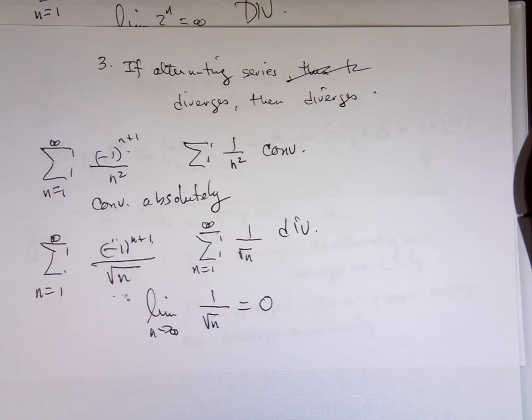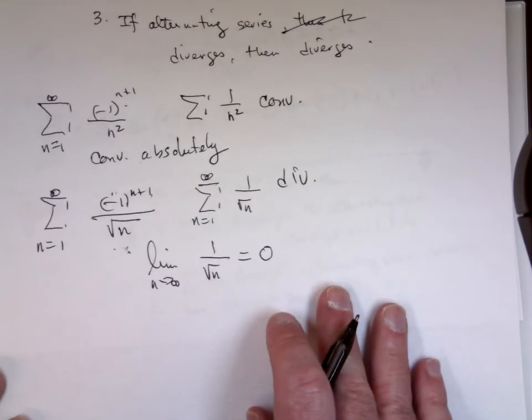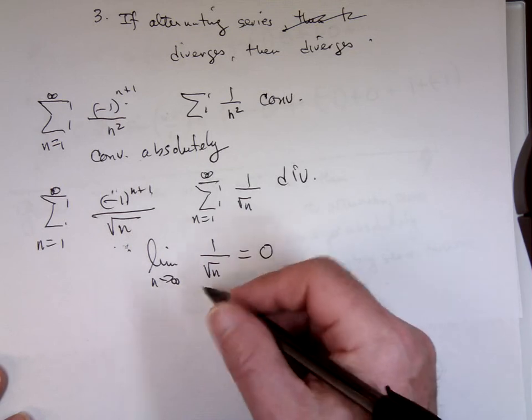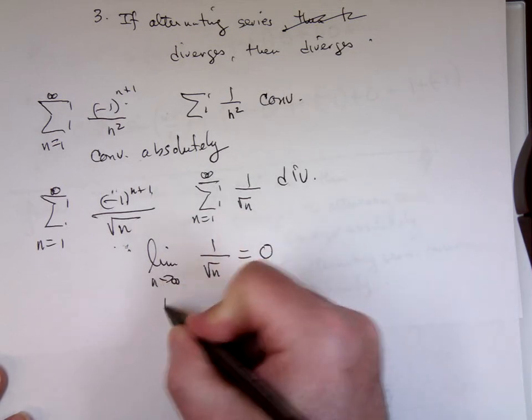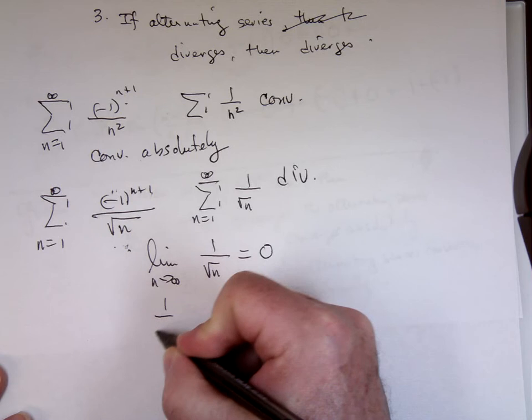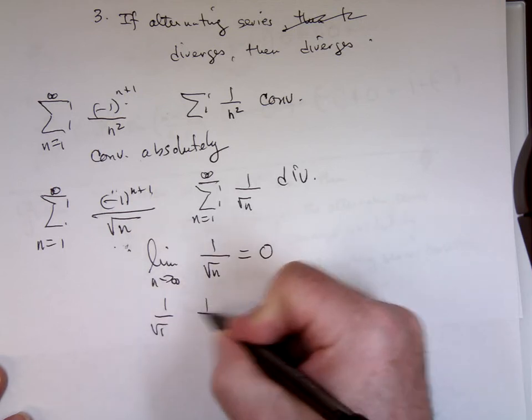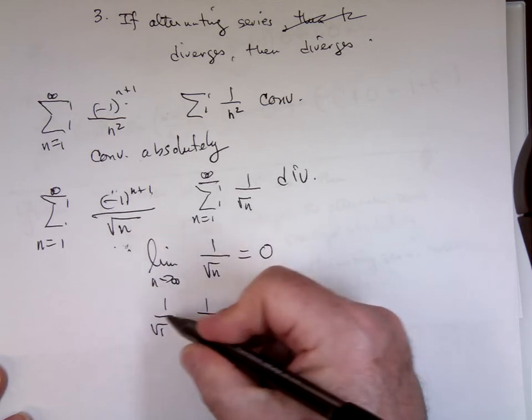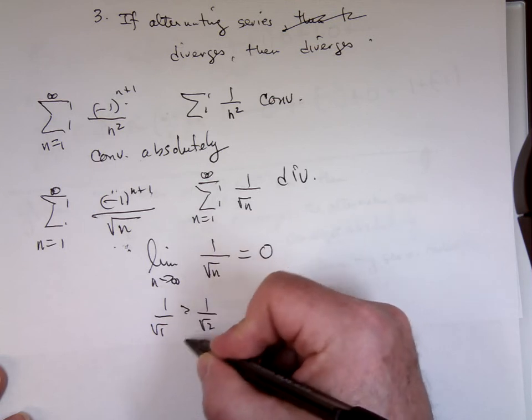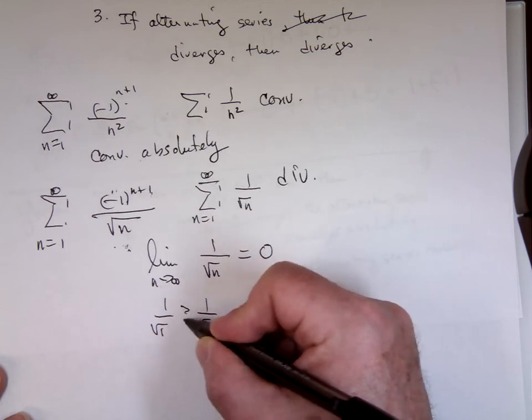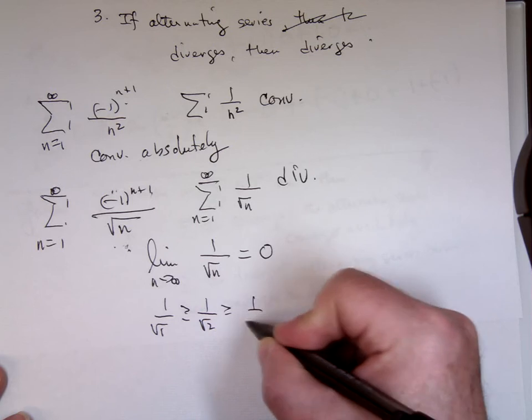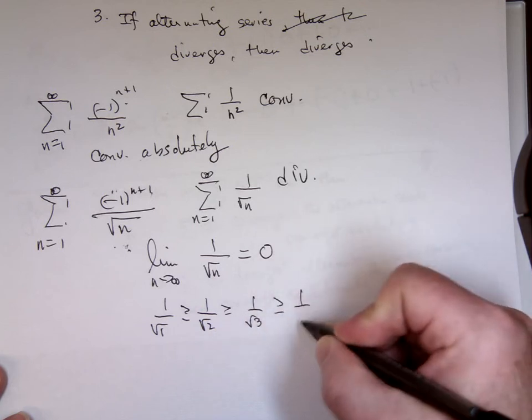Next, let's look at these terms. The first term is 1 over the square root of 1. How is that related to 1 over the square root of 2? This one is greater than that one, and this one is greater than the next one, and that one's greater than or equal to the next one. In other words, these terms are decreasing. As I increase the denominator, I decrease the terms.